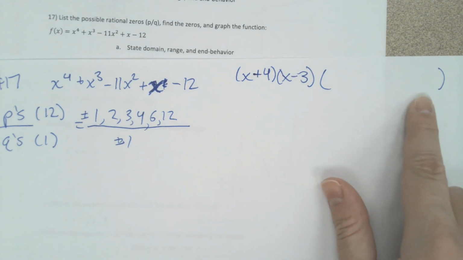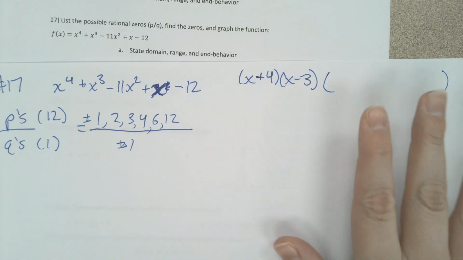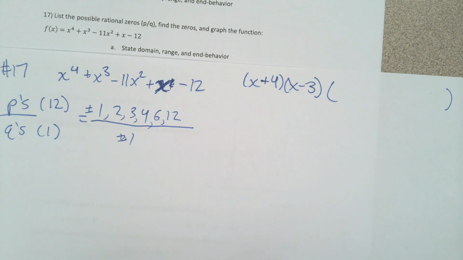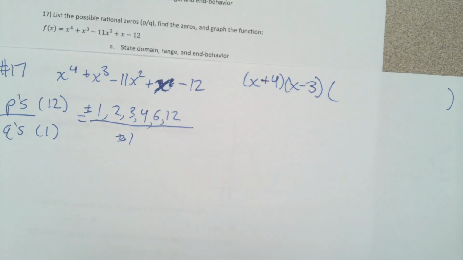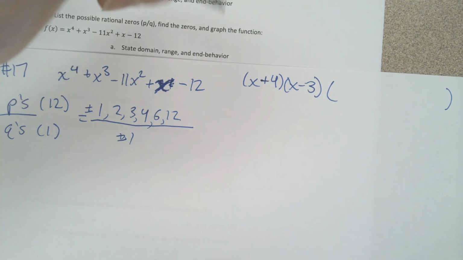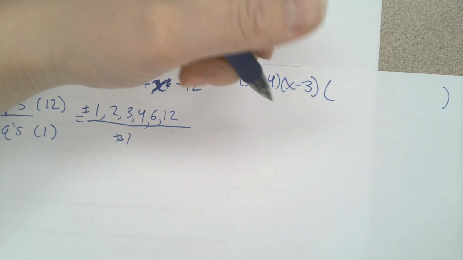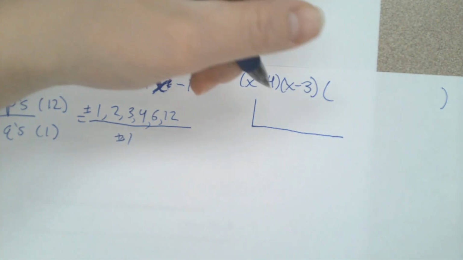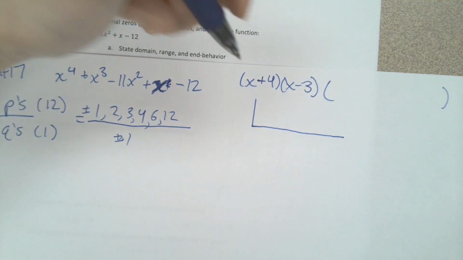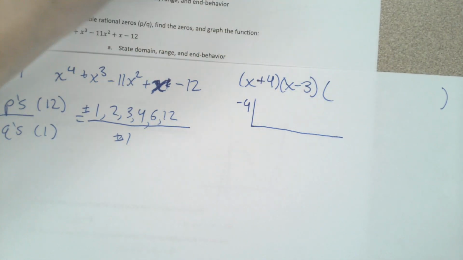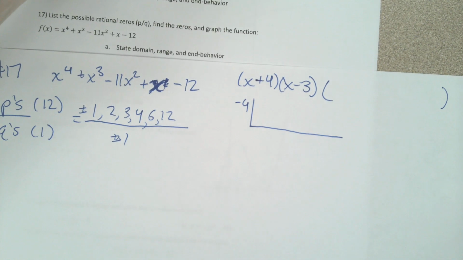To factor this down, if you remember, we have to use synthetic division. So I'm still going to use -4 here. And remember, when we have 2 zeros that we find right off the bat, we have to synthetically divide twice.